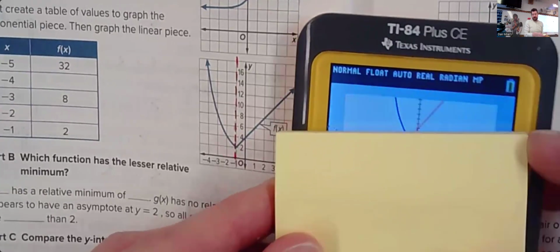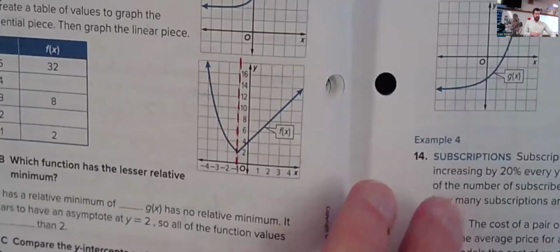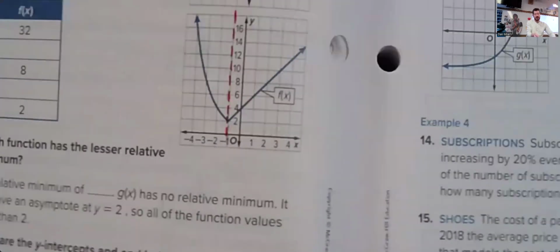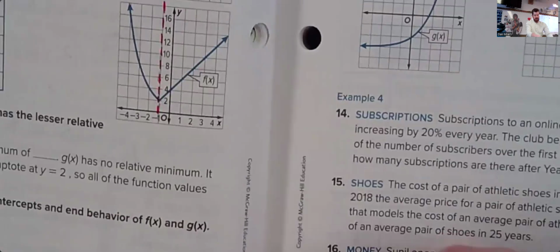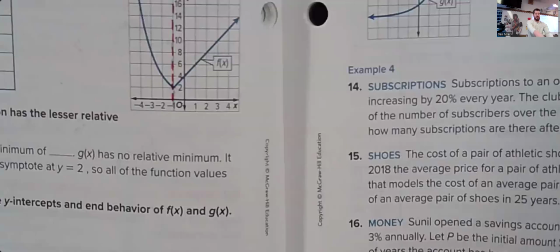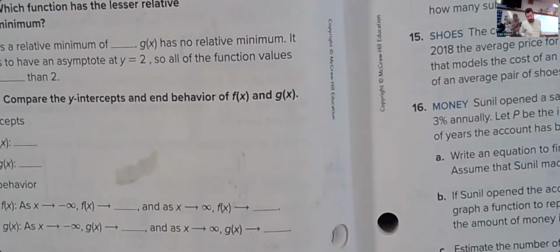So what we have here is we've got parts of two functions on the same grid, related to basically the same kind of connecting point, if you want to call it that.